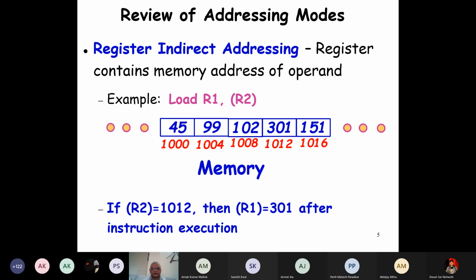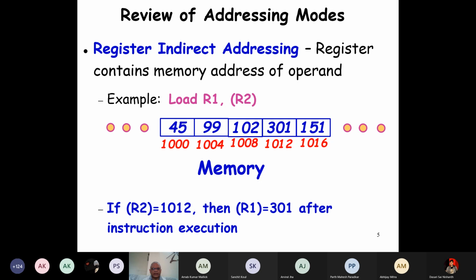So there is an indirection here. We go to the register R2, find out what address is stored, and then fetch the operand from that address.